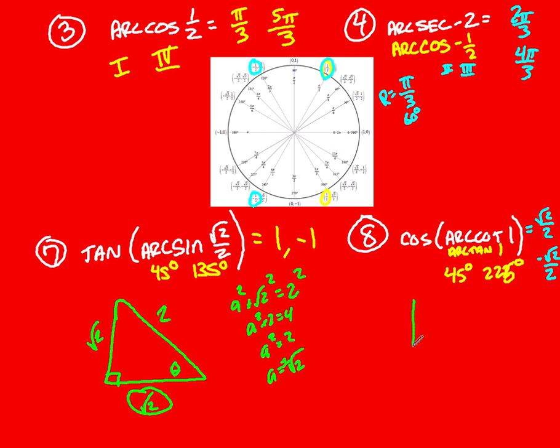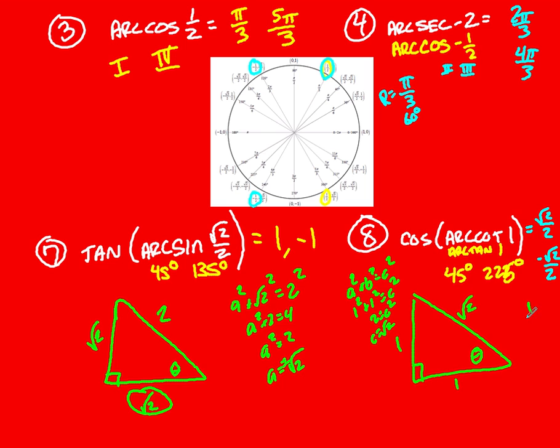If I do the same thing for this one, if tangent is equal to 1, that means opposite over adjacent must be 1. I'm going to do the same thing. A squared plus b squared equals c squared. I know that a and b are both 1. So that means 2 equals c squared. That means c equals the square root of 2 again. Okay, so what I'm going to look at now is the cosine of this angle, or the adjacent over hypotenuse.